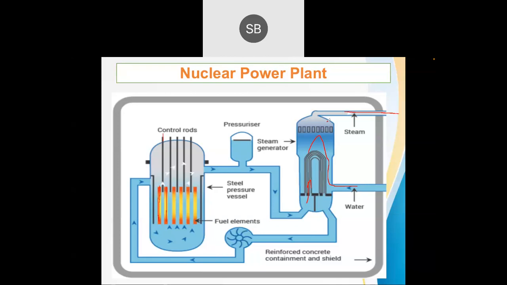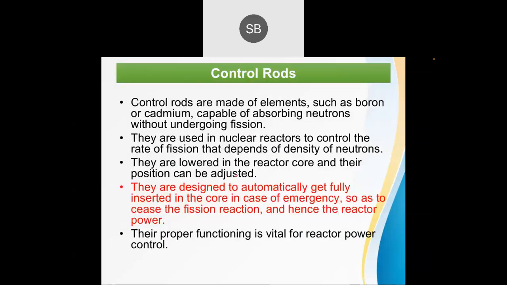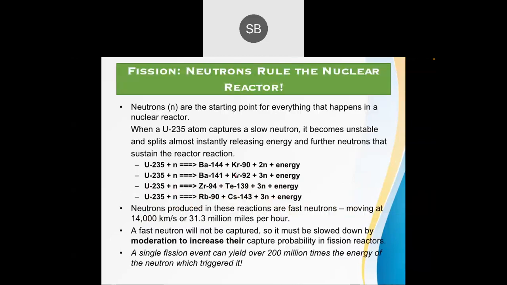Now this heavy water will pass through this heat exchanger, and whatever heat is absorbed from this nuclear reaction will be transferred to another cycle of water. The heat will be exchanged from the heavy water to the normal water, and that normal water will be converted into steam, and that steam is then transferred through the steam turbine. Okay, and that's how we will get the energy.